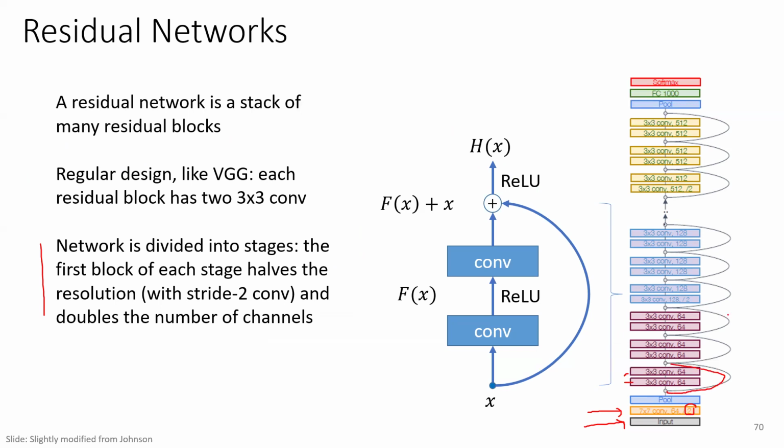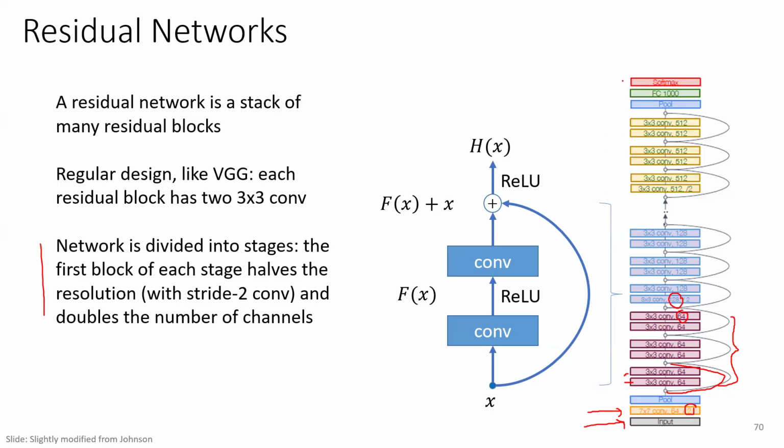This is stage 1. After that, at stage 2, you can see the number of channels 64 goes to 128, and the size is halved due to the stride 2 convolution. This is the structure.